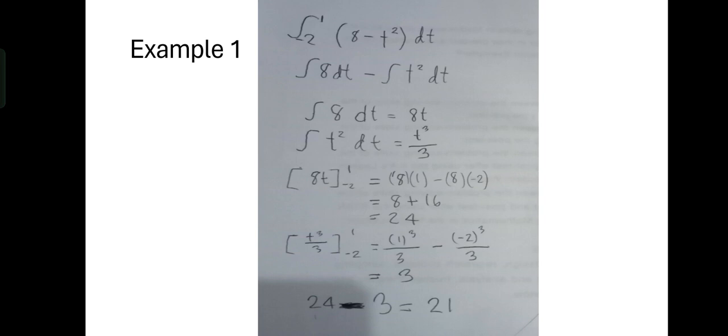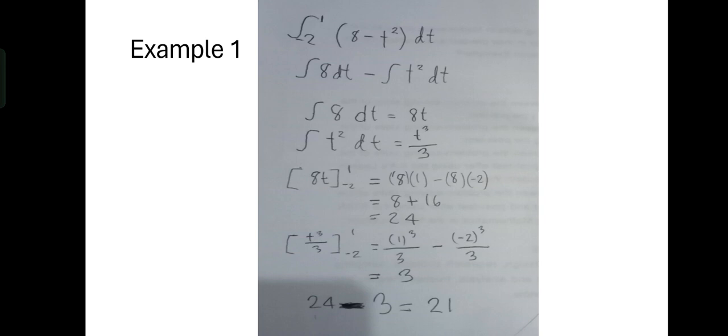Now we can evaluate the definite integral using the limits of integration. We have here negative 2 as our lower limit, and 1 as our upper limit. So the next step is to substitute our upper limit to 8t.